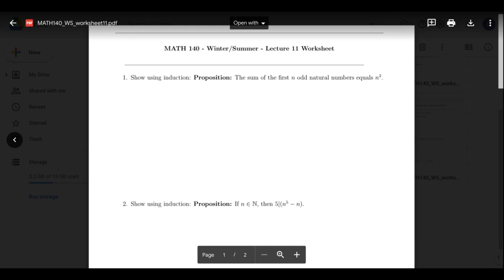Why do we need to show P of n plus 1? That's how induction proof works. 3 steps. Prove for the base case, assume k case, prove k plus 1 case.